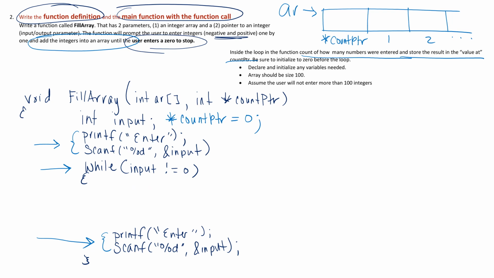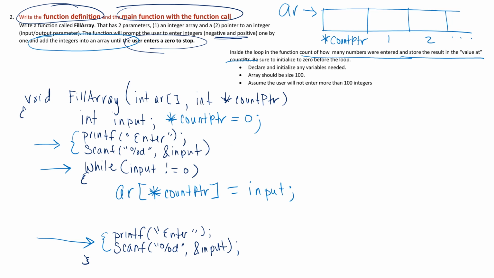So we're going to get our input, say the user enters the number 10, then the number 10 is going to be assigned to our array at index value at count pointer. So if you worked on assignment 9, this should be very familiar to you. And then we're going to assign our input there.